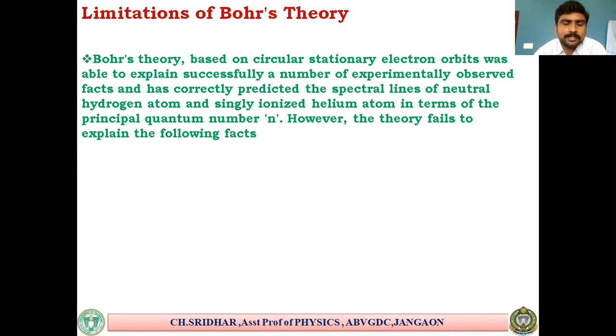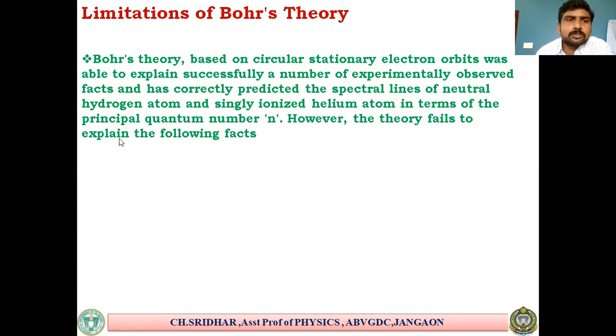And the final one, the limitations of Bohr's theory. Bohr's theory based on the circular stationary electron orbits was able to explain successfully a number of experimentally observed facts and has correctly predicted the spectral lines of neutral hydrogen atom and singly ionized helium atom in terms of the principal quantum number n.